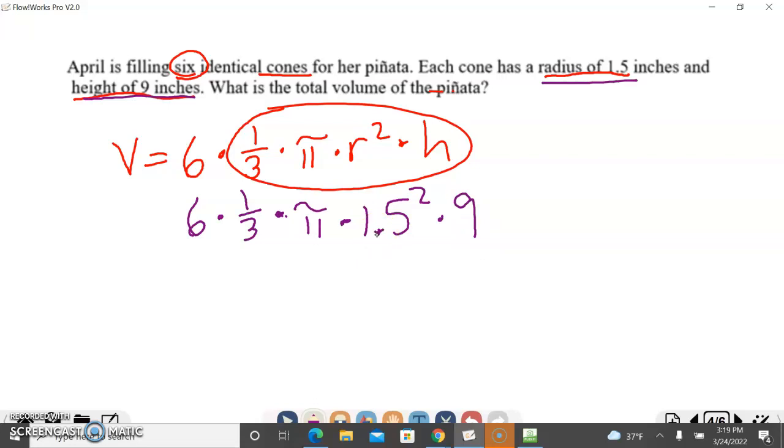So we're going to type this into our calculator. 6 times 1/3 times pi times 1.5 to the second power times 9.